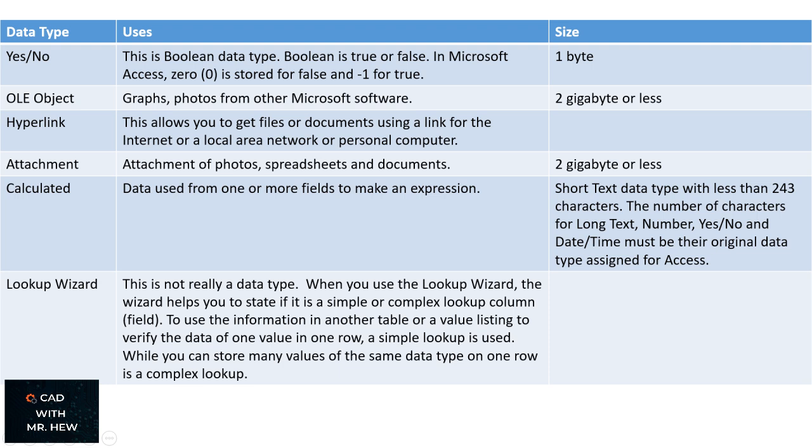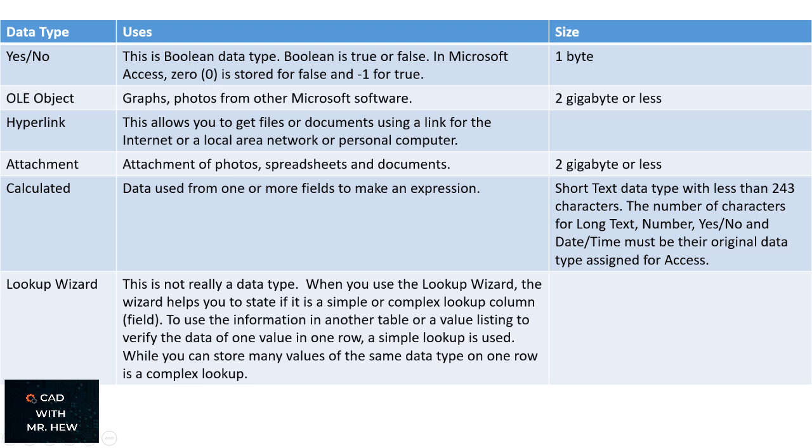All right. The last data type that I saw on the Microsoft Access website was the lookup wizard. Now, the site is saying that it's not really a data type. However, when you use a lookup wizard, the wizard helps you to state if it is a simple or a complex lookup column. And you remember the column is a field in Access, right?